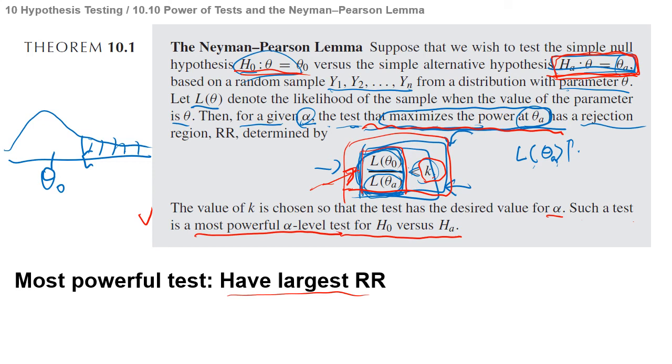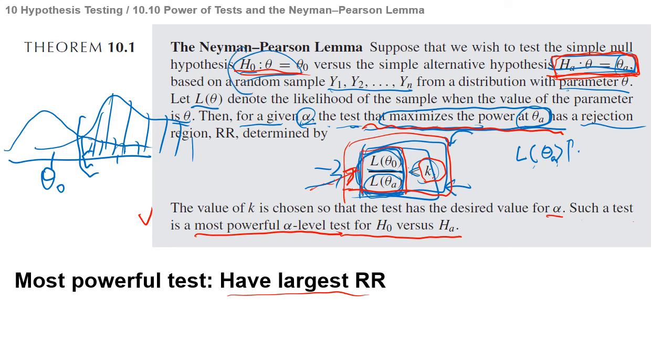If we take our rejection region this way, then it maximizes the power. If the alternative distribution is something like this, then power is this area.